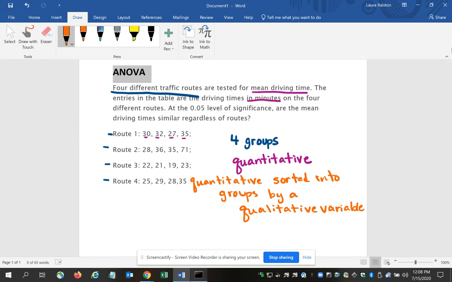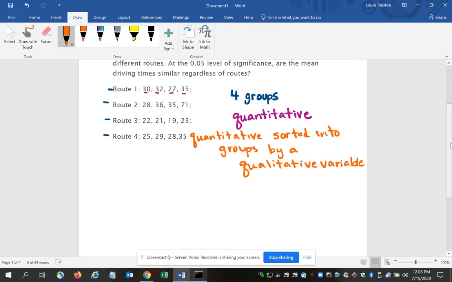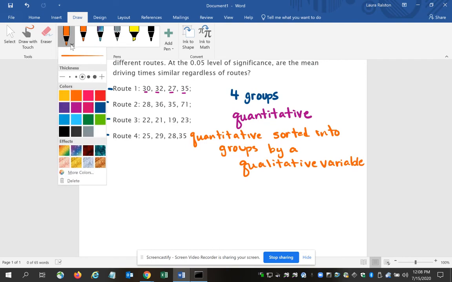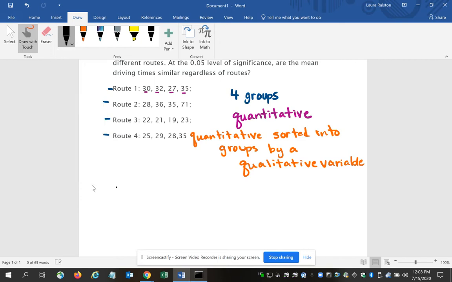Okay, then we kind of begin the hypothesis test, and the first step in any hypothesis test is to state the hypotheses. Okay, so we need to initially state the null hypothesis and the alternative hypothesis. Now, in the practice problems, in the homework problems, and on the final exam, that's asked as 2 separate questions.